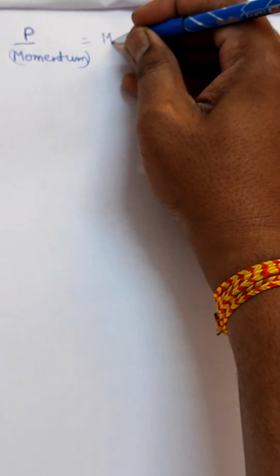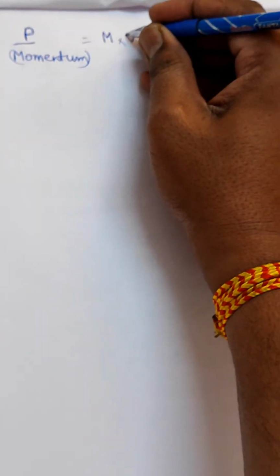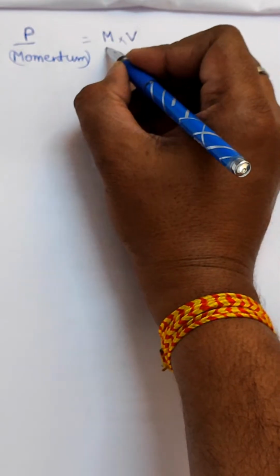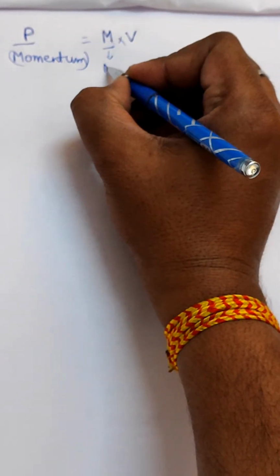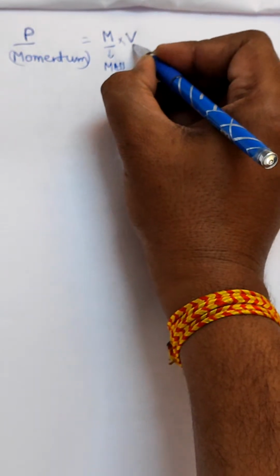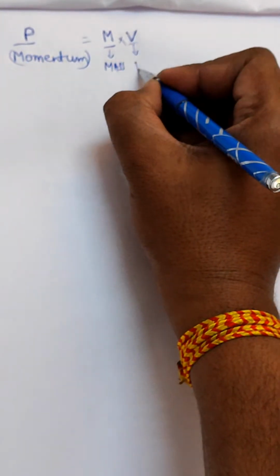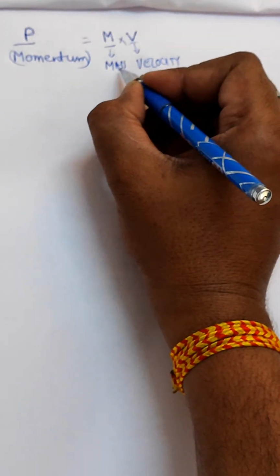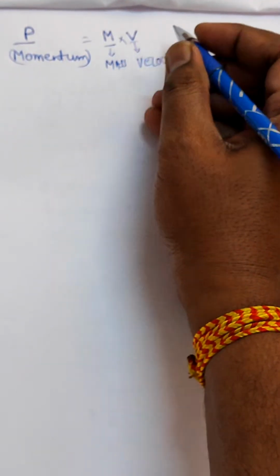Where M is the mass and V is the velocity. This is mass and this is velocity, right? The product of mass and velocity will give you the momentum, right?